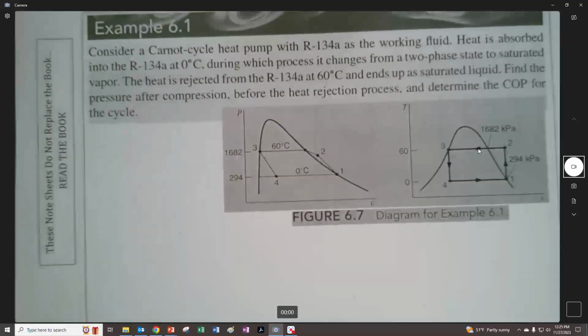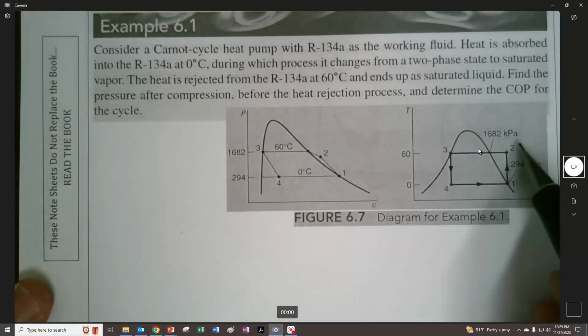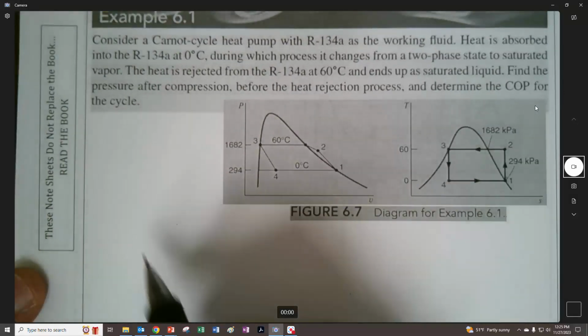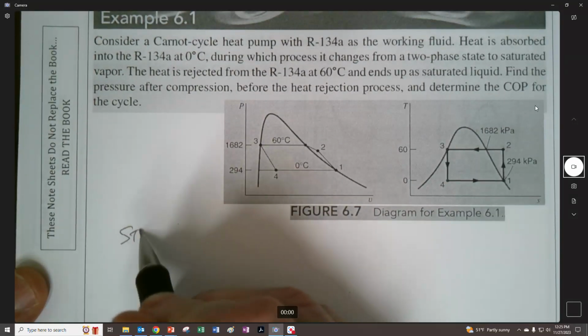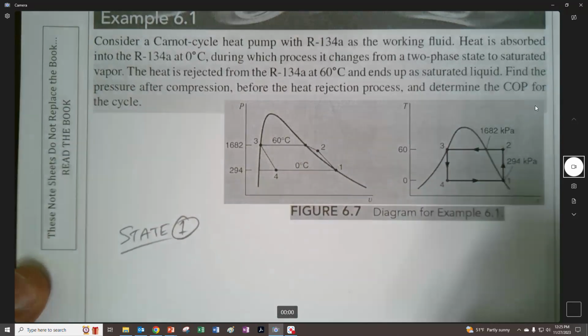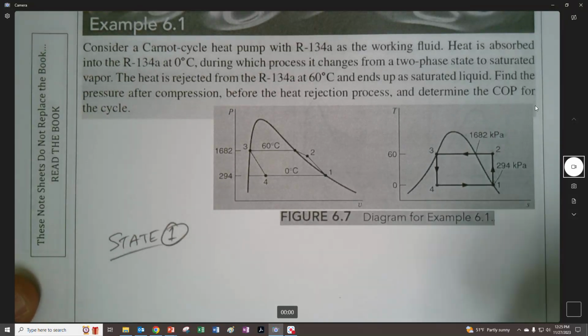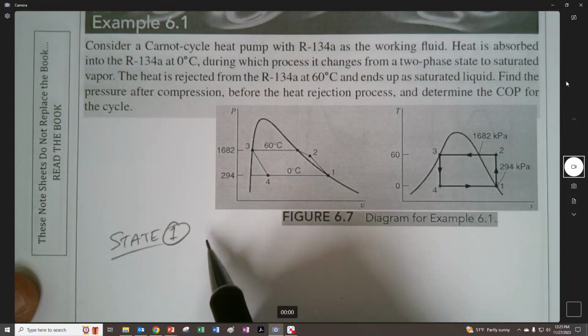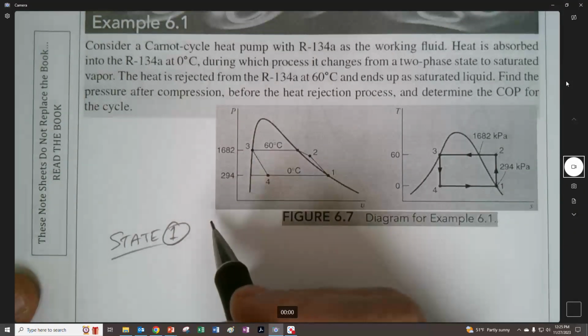So what they're asking for is to find the pressure right here. So let's start from where we know something is true. And so let's start from state 1. And by the way, this is similar but different to your homework problem 1 in homework 9. Similar but different.